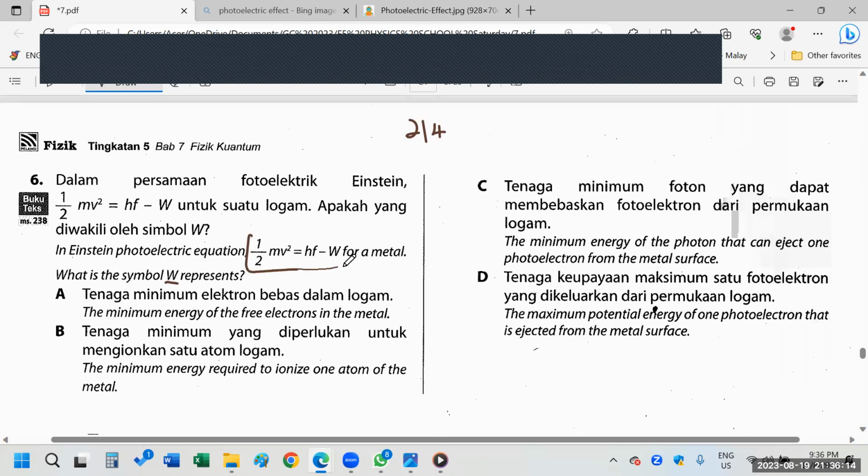Or we can arrange it back into the form: E of the photon equals work function plus KE max.